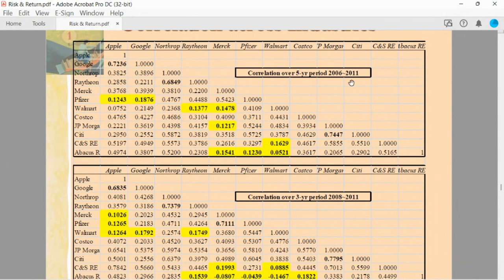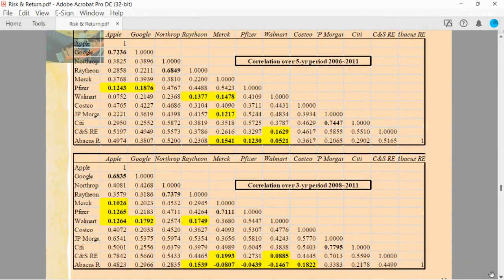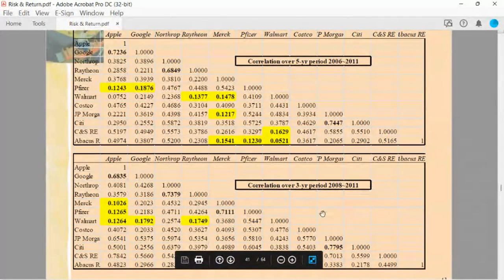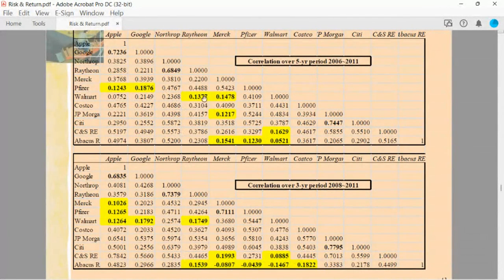It covers 5 years, including the financial crisis, and 3 years after the financial crisis, and look at the correlations between these industries. They are low. The highlighted ones are the ones with low correlations.